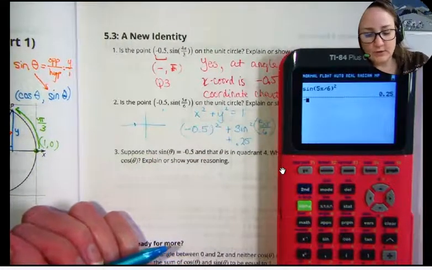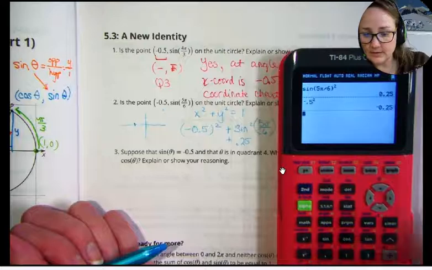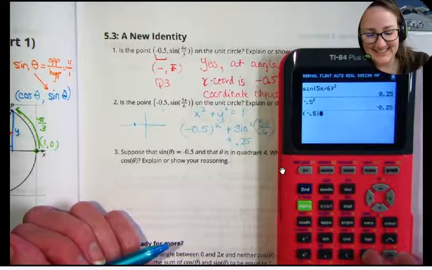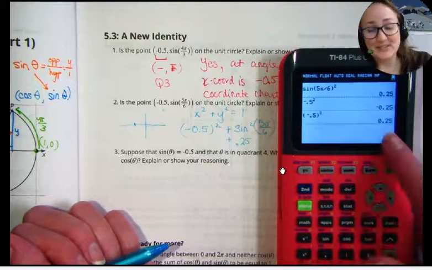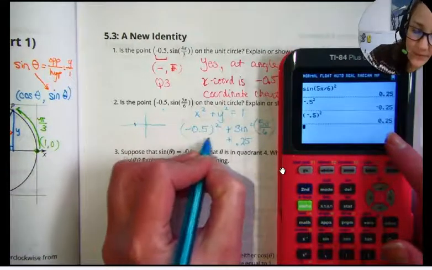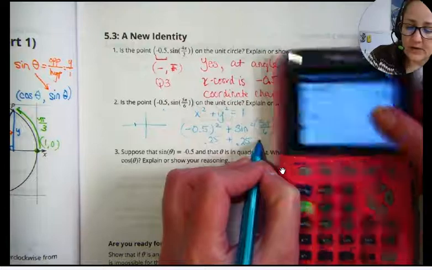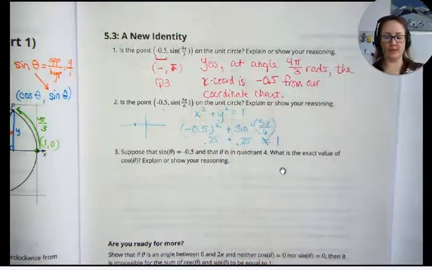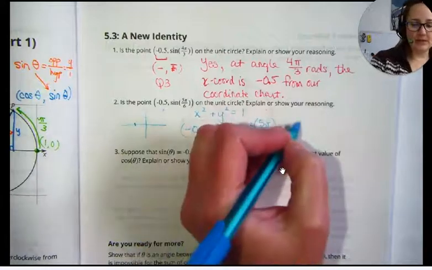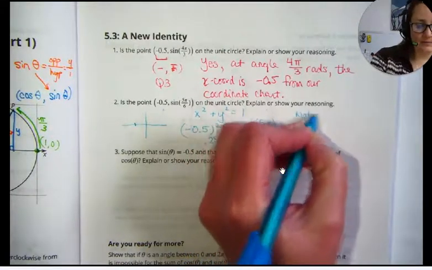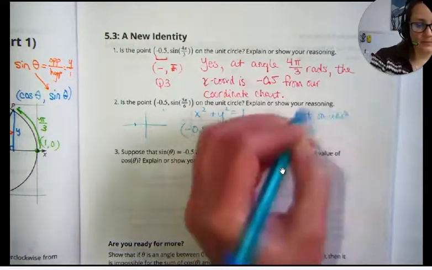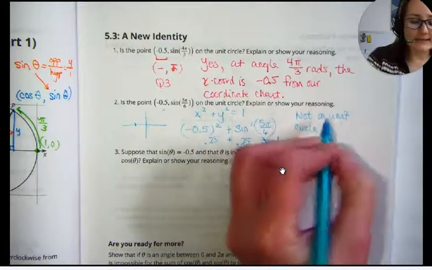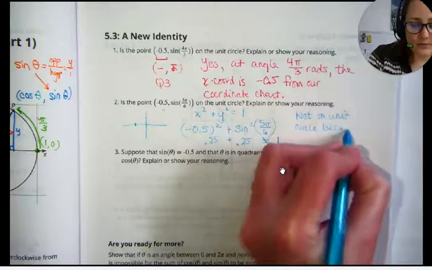And negative 0.5 squared, oops, sorry, I have to put it in parentheses, is also 0.25. And there is no way that 0.25 and 0.25 equal 1. So this would not be on the unit circle, because the Pythagorean identity doesn't hold true.